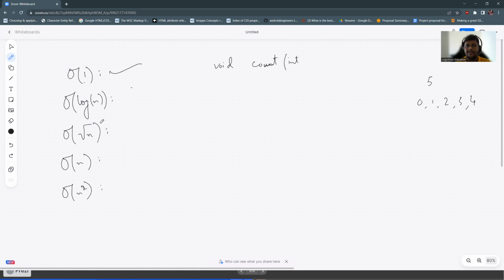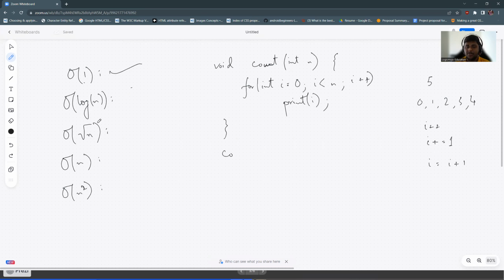So I will get an n value as input, and I will simply run a for loop, with i less than n, i plus plus. By i plus plus I simply mean we can also write it as i plus equals 1. It generally means that i is equal to i plus 1. So after each iteration of this loop, i gets incremented by 1. And here I'm printing the value of i. And that's the function.